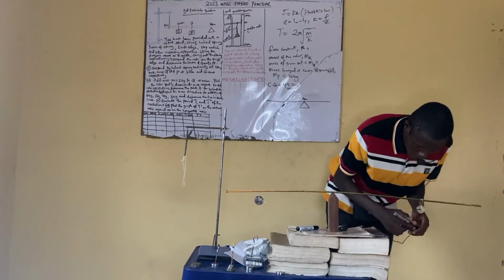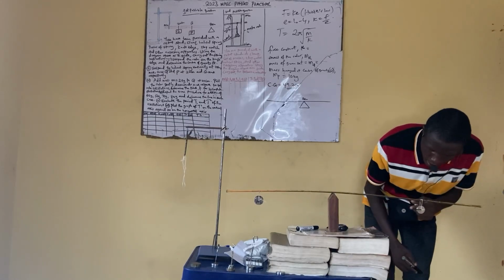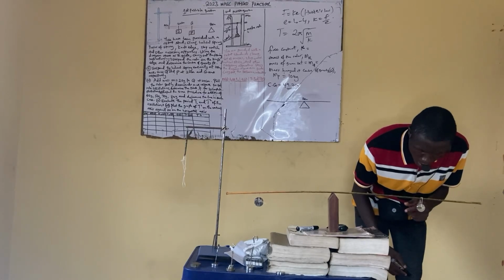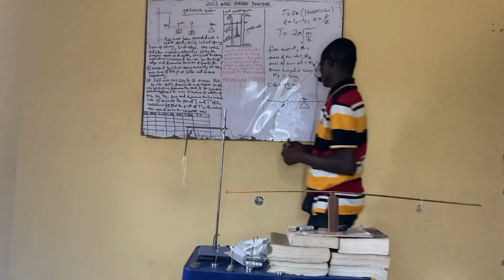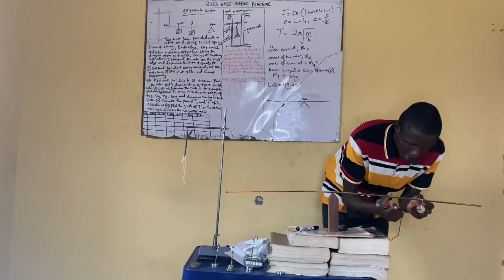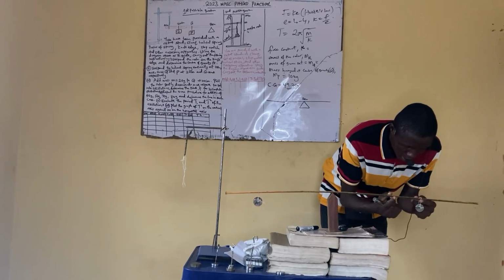So here, reading from this spot, is around 23.2. I'm having it at 23. Let me see whether it can stand at 23 itself. But don't forget it is 23.